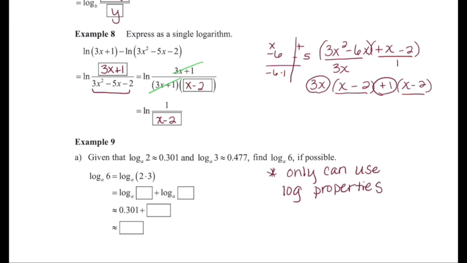So if I'm looking for log base a of 6 and I have to put it in terms of 2 and 3, I know that log base a of 6 is the same as 2 times 3. Using the product rule, I then can take log base a of 2 plus log base a of 3. I know what log base a of 2 is, and I know what log base a of 3 is. And so I can easily add them together for 0.778.